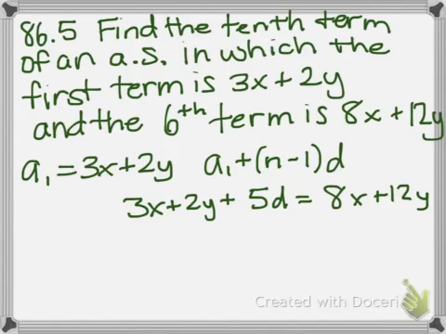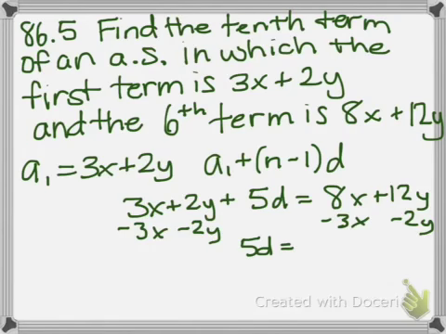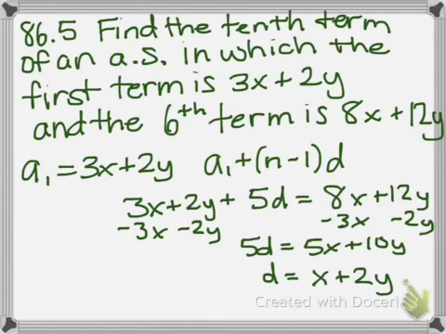Now we just need to subtract 3x and subtract 2y, so we get 5d is equal to 5x plus 10y. Divide everything by 5, so difference equals x plus 2y. And now we'll just put it back into the equation so we can find the 10th term.